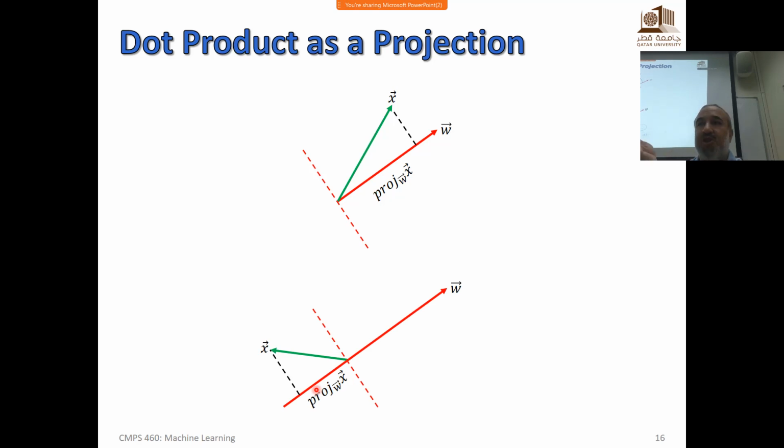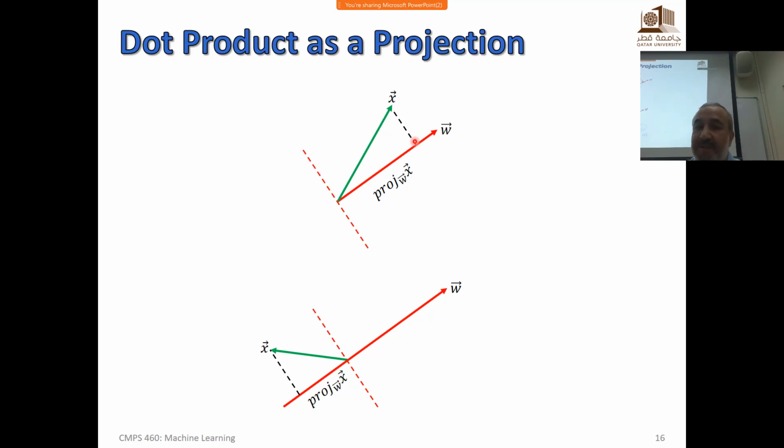How do we know that the projection is positive or negative? If the projection is at the same direction of w, then this is positive. If it's on the reverse direction, then it is negative. Okay? It is based on where it is from the decision boundary.